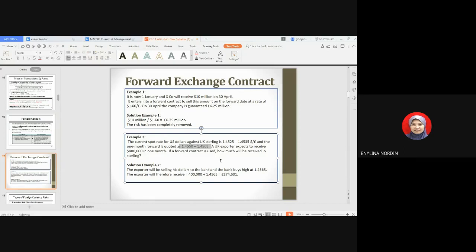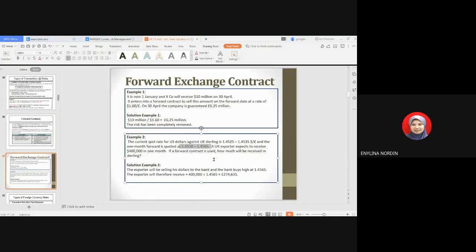Here, the company is selling the dollar to the bank. The bank will buy the dollar, so the bank buys at the high rate. From the forward contract, this one, 1.4565. If there is a premium, then you have to minus the premium. If there is a discount, then you have to plus the discount, just now.